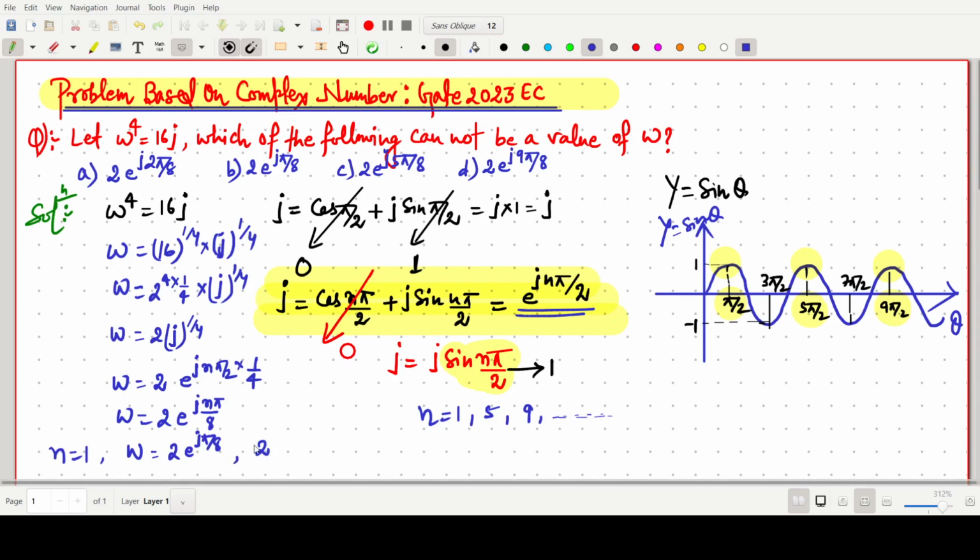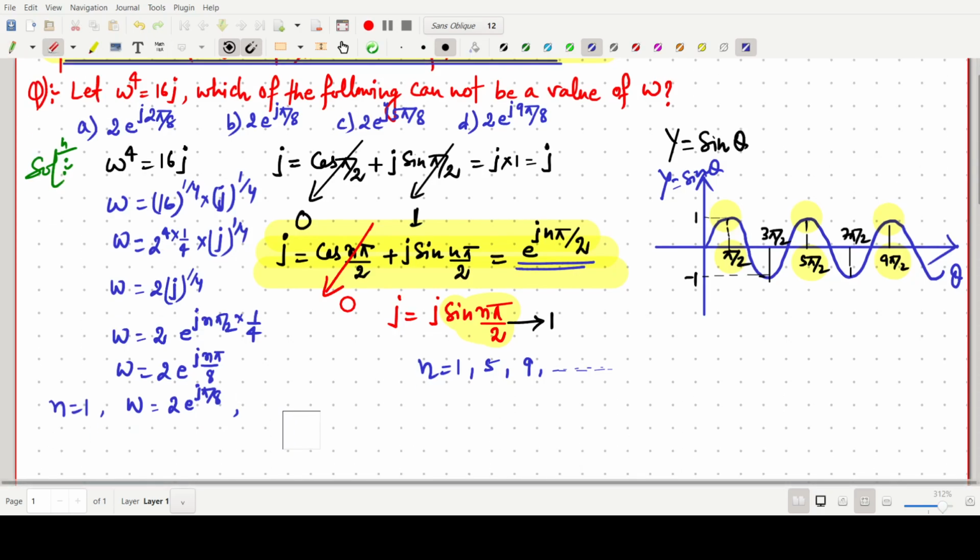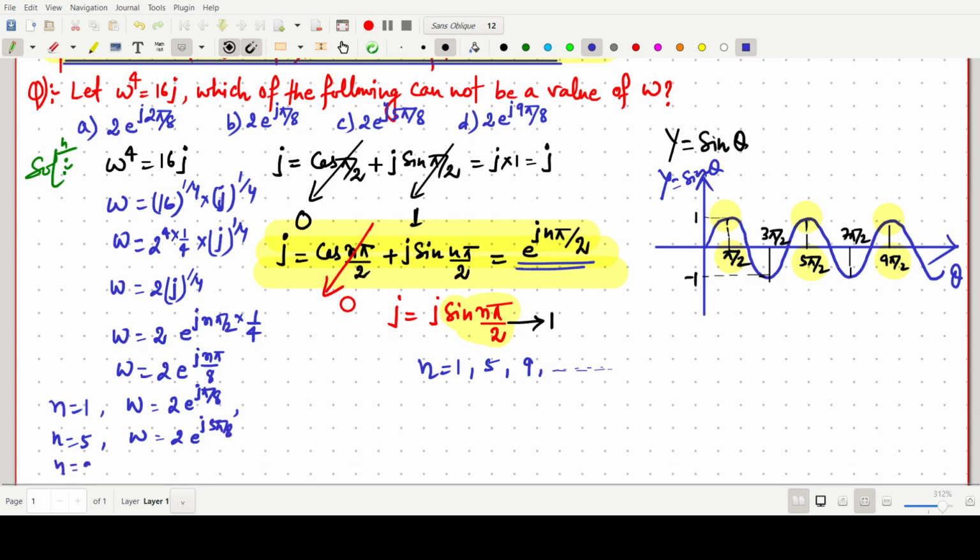Now if n equals 5, okay, I am writing like this, taking some space. So now n equals 5. So w will be 2 e to the power j 5 pi by 8. Now n equals 9.